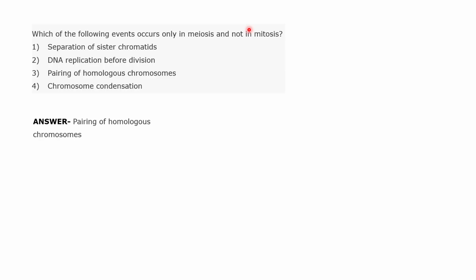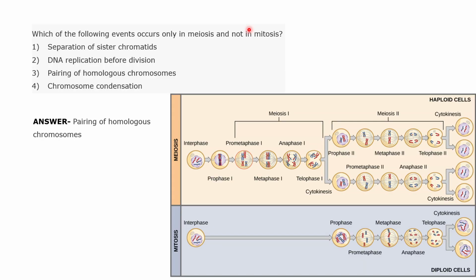So the answer to this question is pairing of homologous chromosomes. That is option number 3. You are basically right. So coming on to the first option, separation of sister chromatids. That happens in both mitosis and meiosis, right? And separation of sister chromatids in case of mitosis happens in which stage?